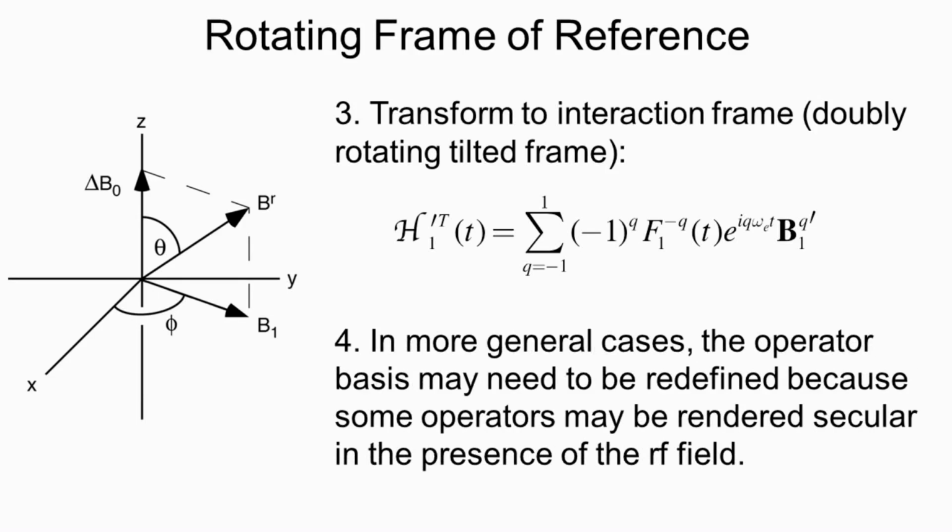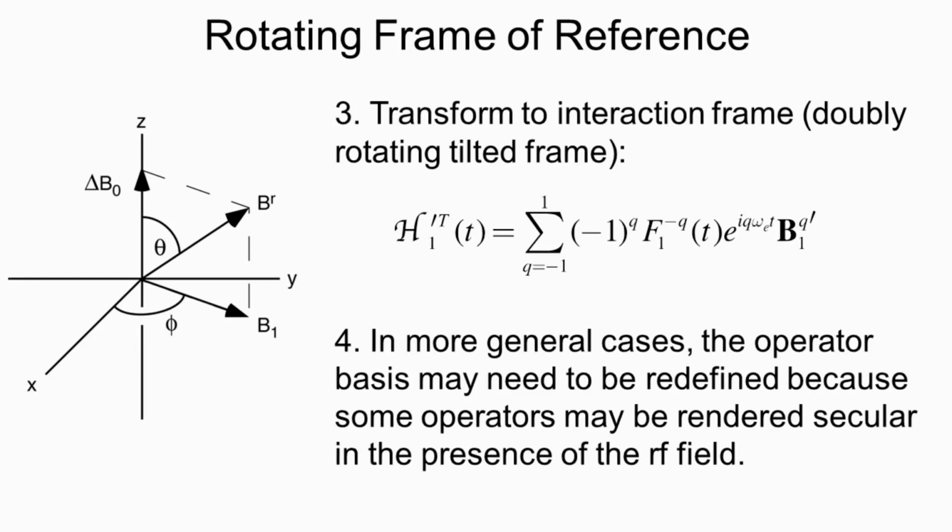There's one subtlety that won't be necessary now, but could be necessary in more complicated problems. And that is, once we turn on the B1 field, we might be making some operators secular when they were non-secular in the laboratory frame. And in that case, we might want to redefine the operator basis to lump together all the operators that are secular with respect to each other.